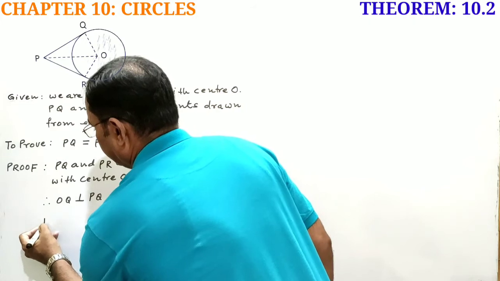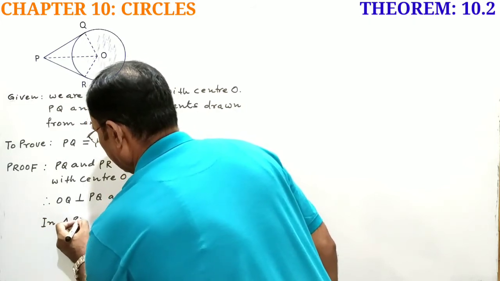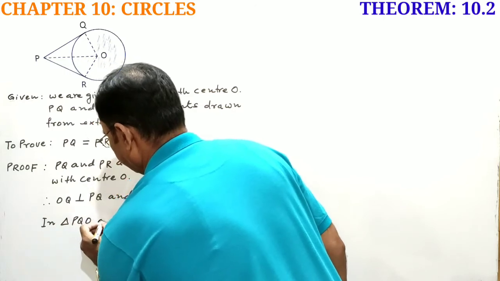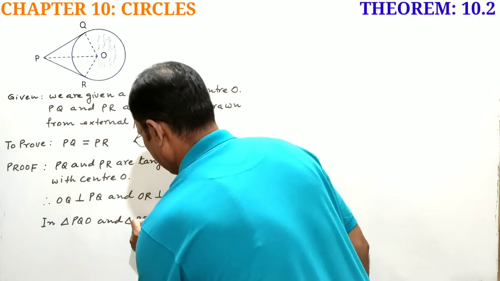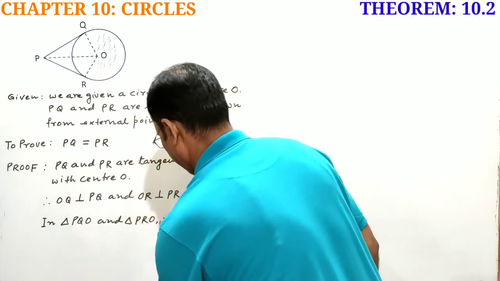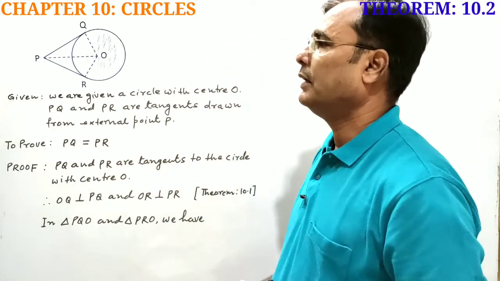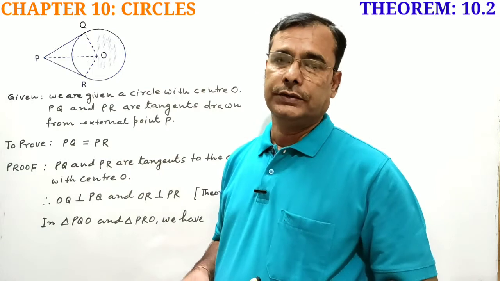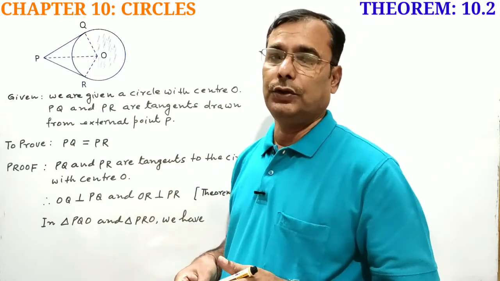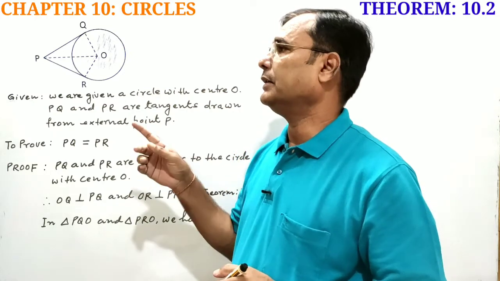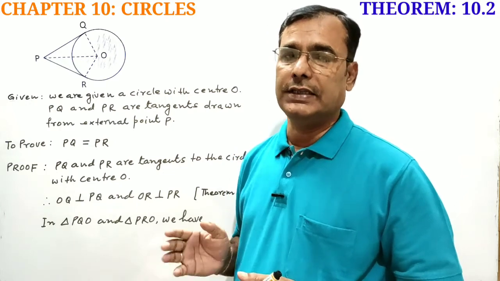In triangle PQO and triangle PRO, we have angle PQO is 90 degrees, also angle PRO equal to 90 degrees because the radius through the point of contact is perpendicular to the tangent.